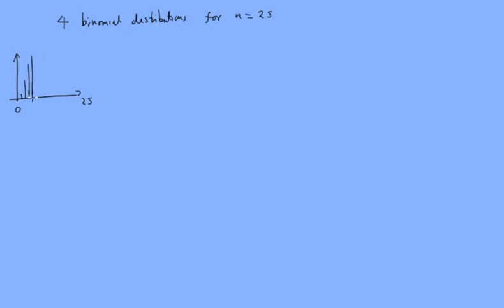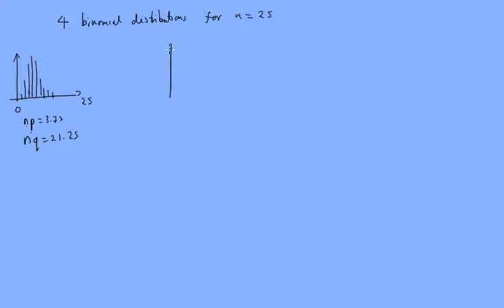So the first one looks like this. For this one, n, the number of trials, times p, the probability of a success, is equal to 3.75, and nq, the probability of a fail, is 21.25.